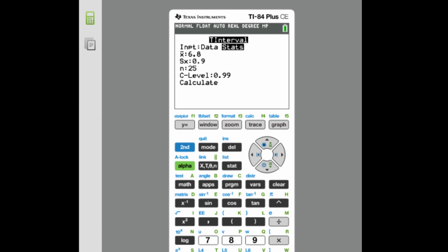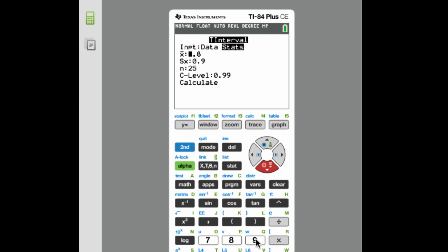What's the main difference? The Z interval is used for large samples and when you have a population standard deviation. That's very unrealistic, though, because you may not have the population standard deviation. If you do, fine, maybe from a past study. Anyway, let's enter this.